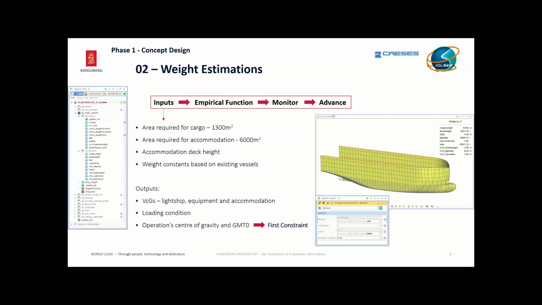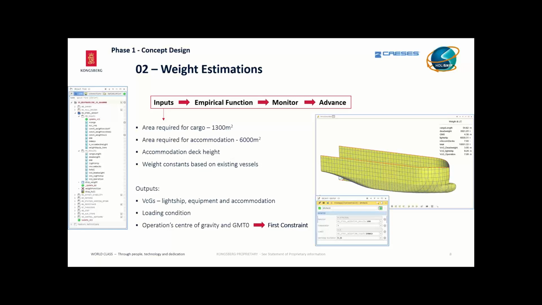From that, we apply weight calculation constants, coefficients from existing vessels and previous projects, in order to estimate vertical center of gravity, how much deadweight we have, and finally check against hydrostatics and how much initial stability we have.